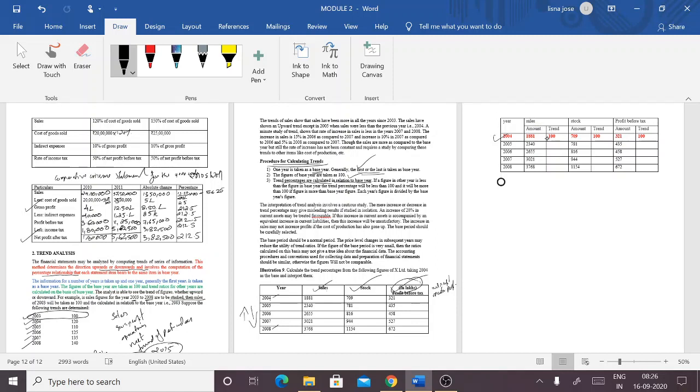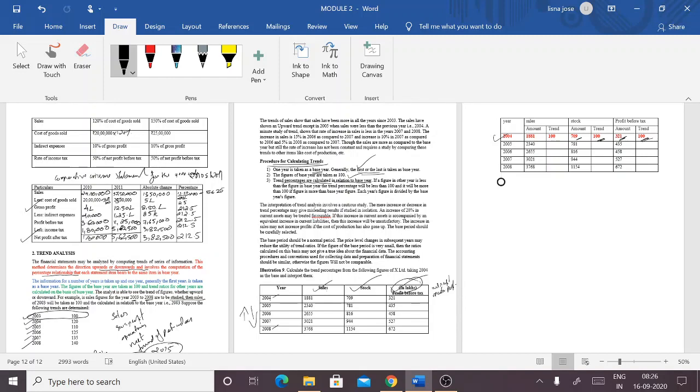In sales, the first year figure is taken as base and the trend is mentioned as 100, and for stock the base year figure is taken here and the trend is 100 here, and for profit before tax 321 is taken as base and the trend is also given as 100.